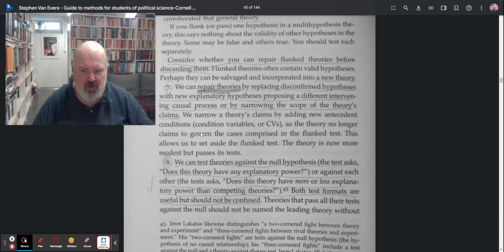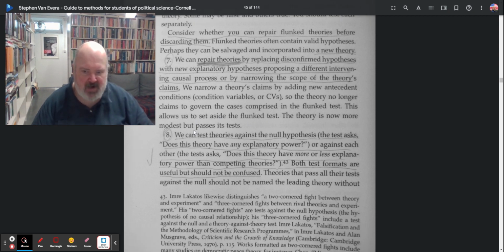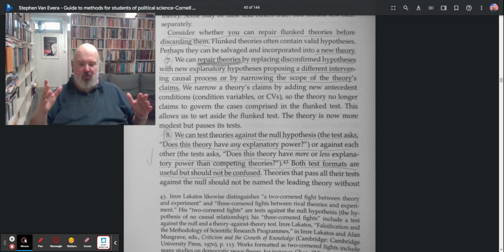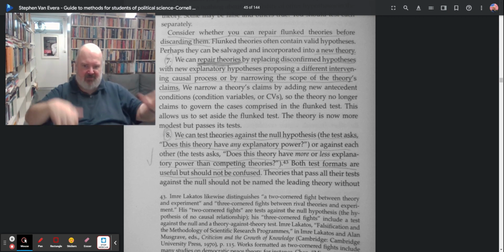So the theory no longer claims to govern the cases comprised in the flunk test. This allows us to set aside flunk tests. The theory is now more modest, but passes the test. In other words, we become a more modest theory. We don't make it bigger. We become more modest, but it passes.